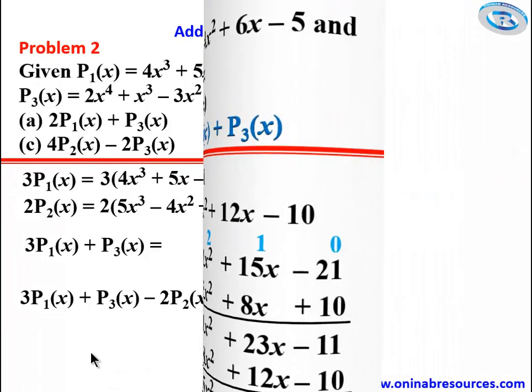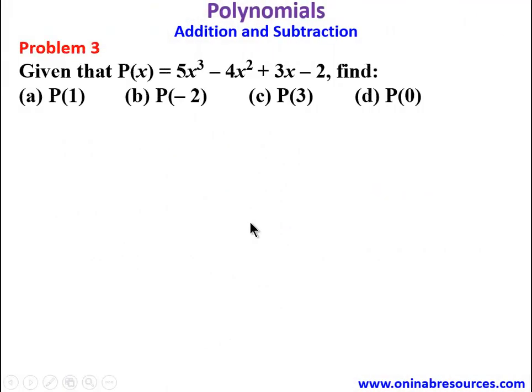We go to problem 3. For problem 3, this is not addition per se, this is in preparation for our next lesson. So problem 3 says, given that P of x is 5x³ minus 4x² plus 3x minus 2, find a) P of 1, b) P of negative 2, c) P of 3, and d) P of 0.